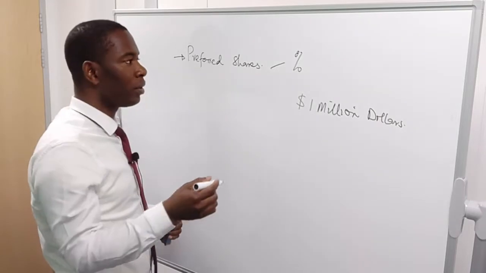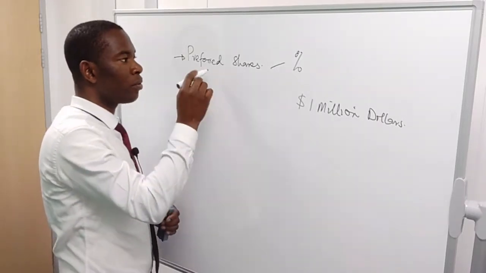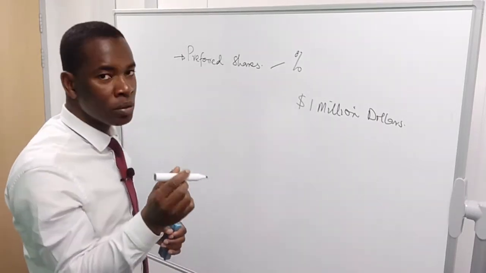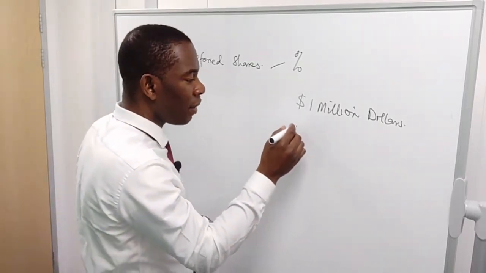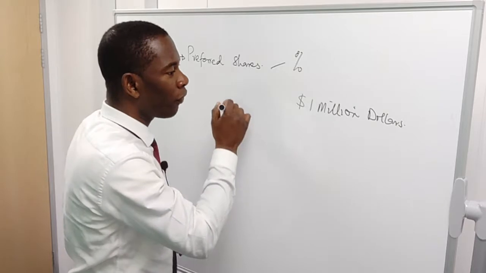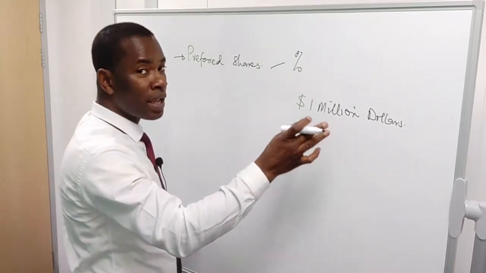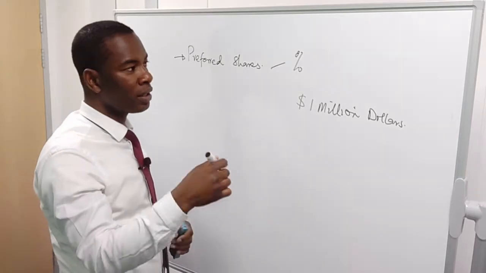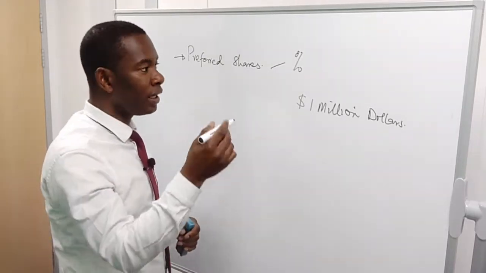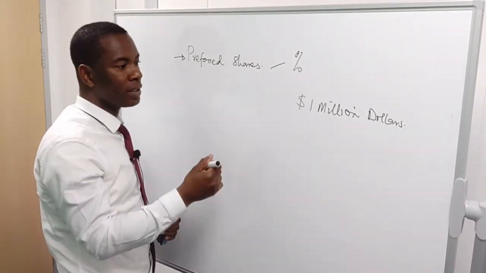As a rule, you, who is the preferred shareholder, gets a portion of the net income before the owners actually get theirs.